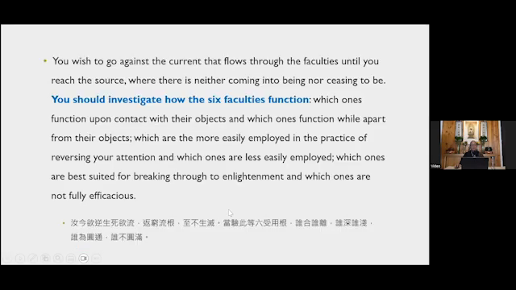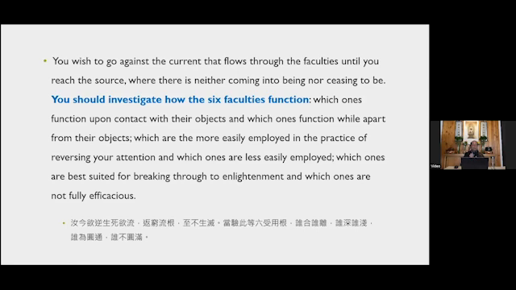Okay. Now, Buddha continued to tell Ānanda, see, if you want to reverse the flow of life and death, and you want to find the source of non-arising and non-perishing, you should investigate how the 6 faculties function.